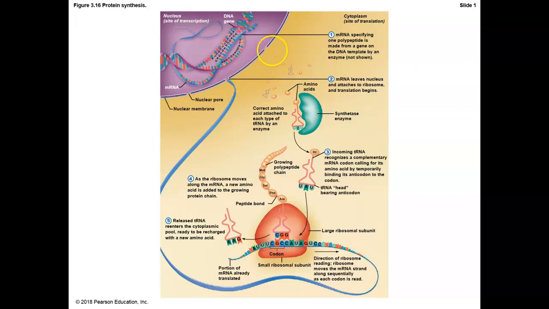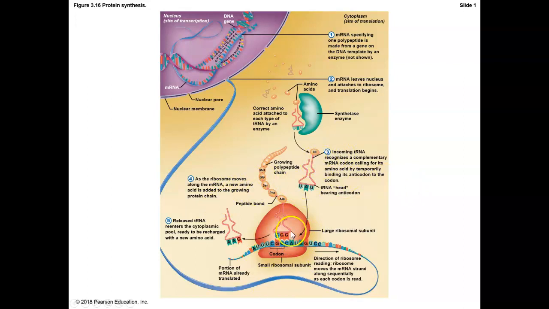The ribosome has two subunits, a large and a small subunit, that attaches and starts at a region of the mRNA that codes for the start codon, which is AUG. You don't actually see that on here, but that's okay. The idea is there.